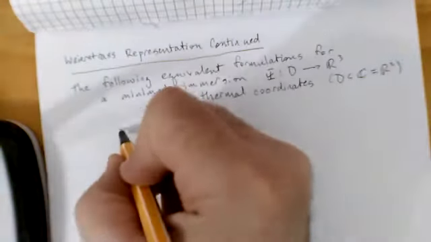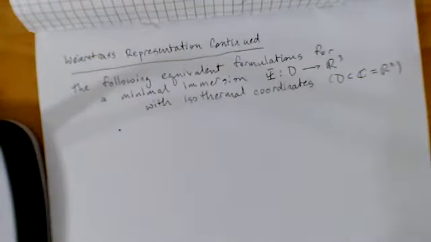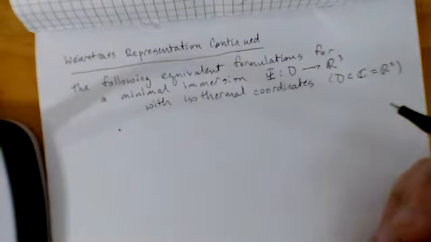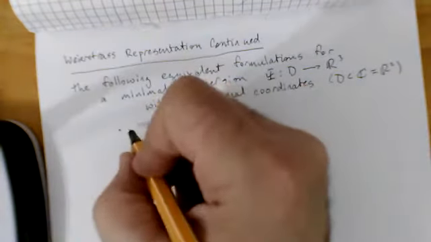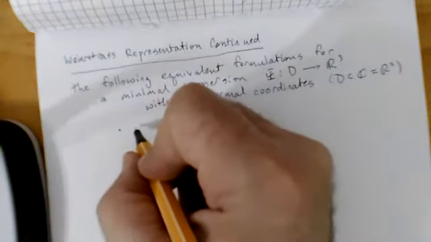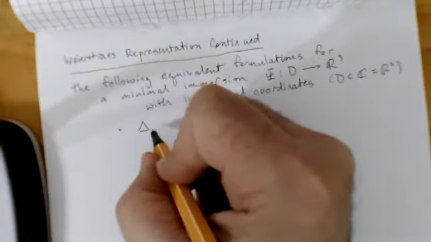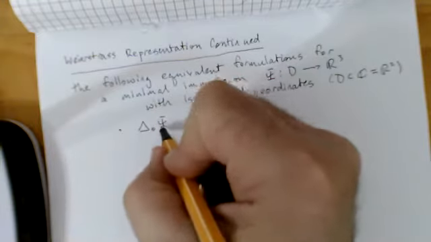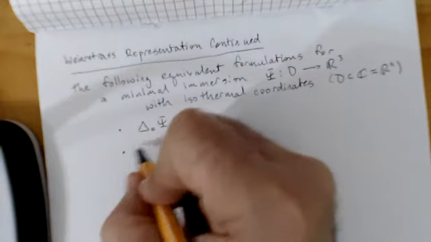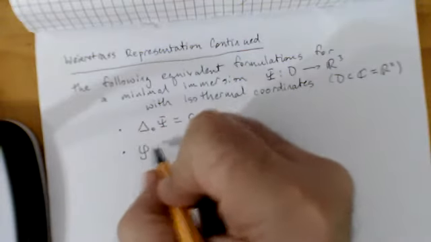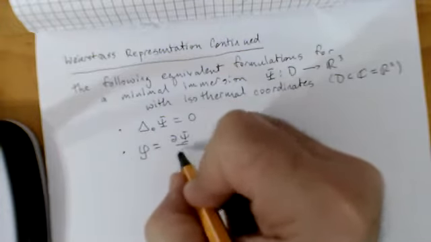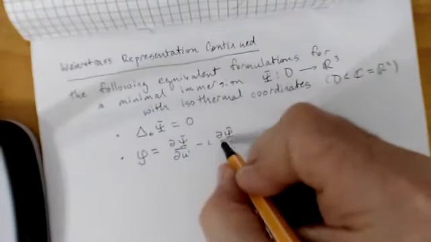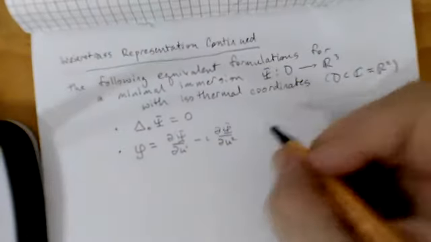So the first equivalent formulation is that the coordinate functions are harmonic. The second is if I form the vector phi, which is d psi du1 minus i d psi du2.